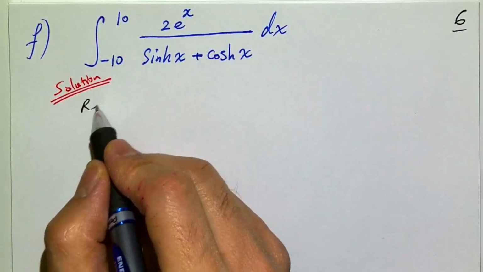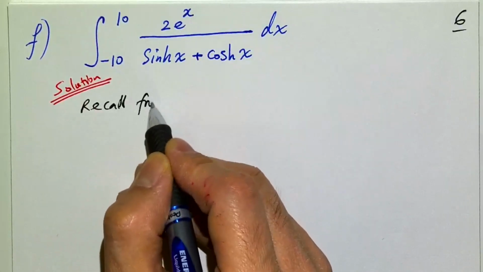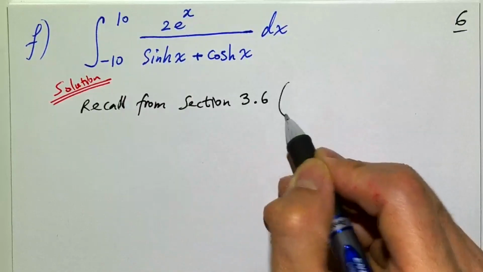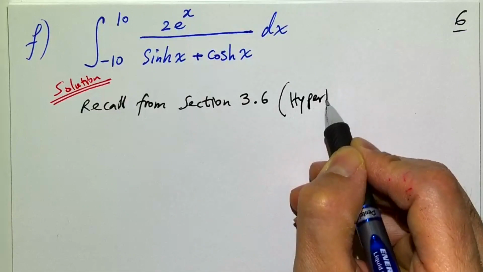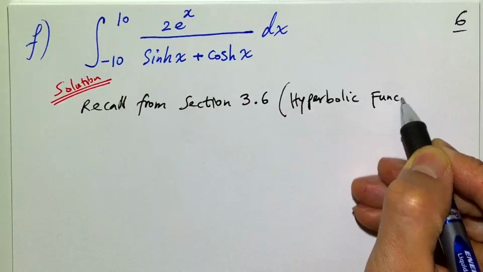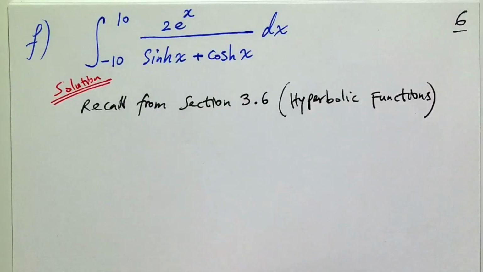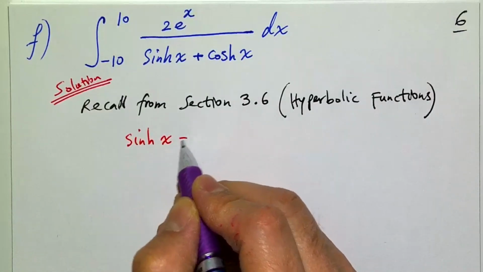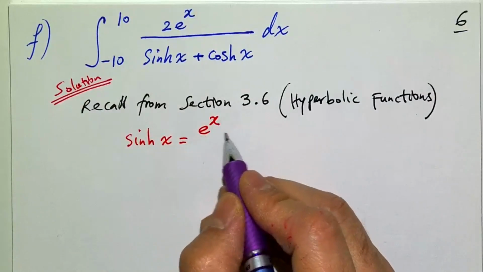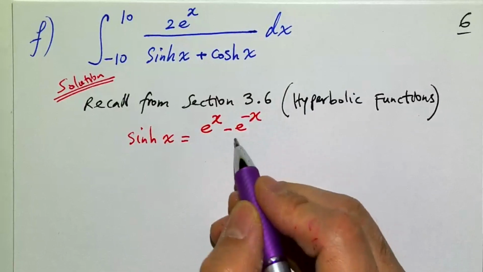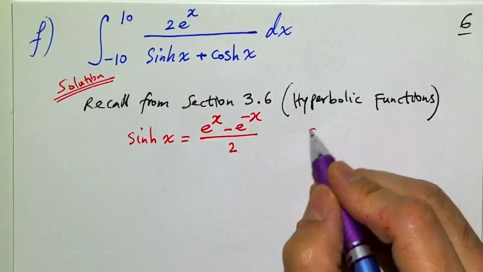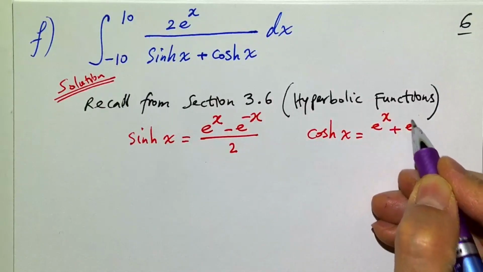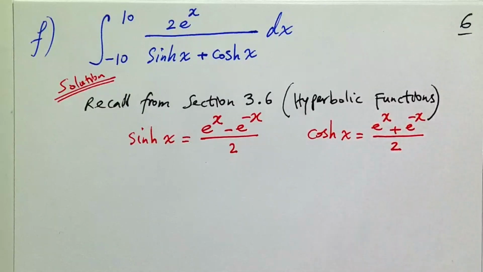So recall from section 3.6, which has to do with hyperbolic functions, that hyperbolic sine of x is equal to e to the x minus e to the minus x power divided by 2, and hyperbolic cosine of x equals e to the x plus e to the minus x over 2.